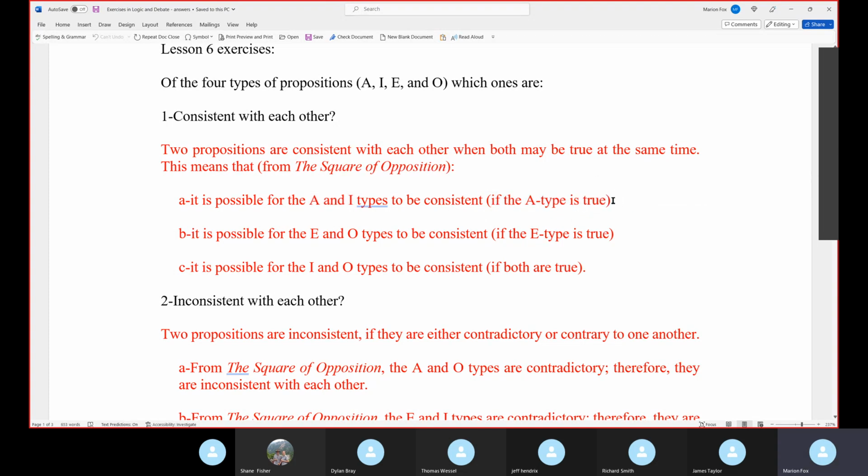Now, if they're not consistent, then you have a contradiction, see? So be aware of that. And they have to be consistent. And it's possible for the E and O type propositions to be consistent if the E type is true. And it's possible for the I and O types to be consistent if both are true. Now we get that from the square of opposition chart, okay?